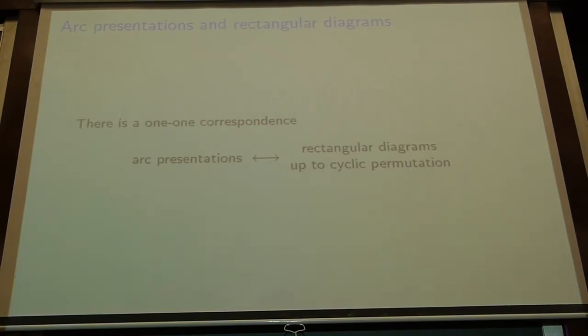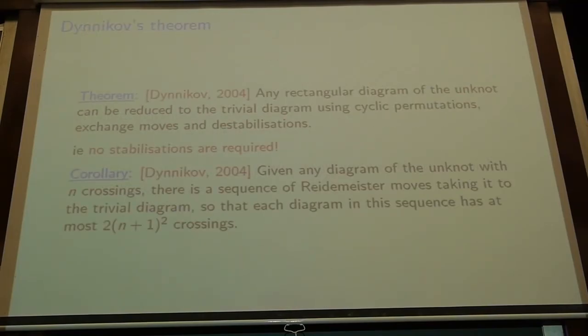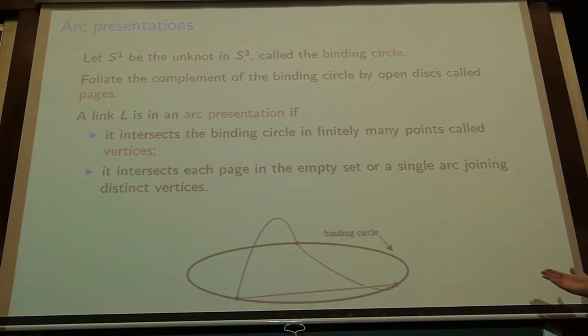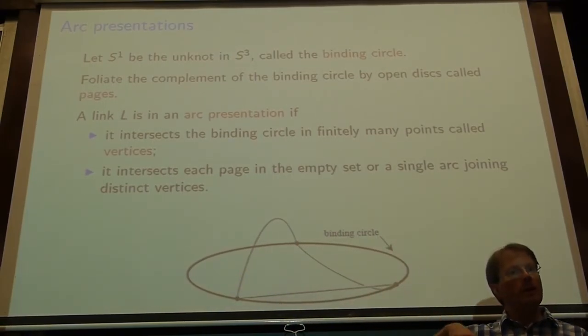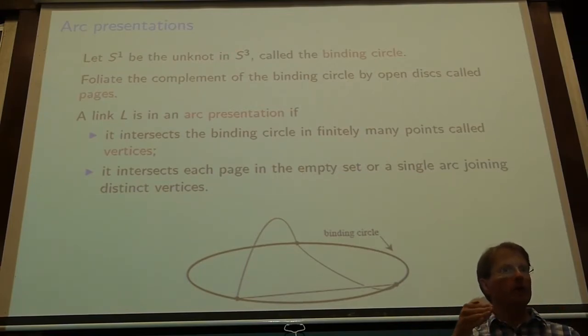And it turns out that there's a one-to-one correspondence between arc presentations and rectangular diagrams up to cyclic permutation. Let me very briefly explain why. To go from an arc presentation to a rectangular diagram, how does that work? Well, to specify an arc presentation, you have to specify the vertices. Those are numbers between, say, 0 and 2 pi, just an angle around the circle.